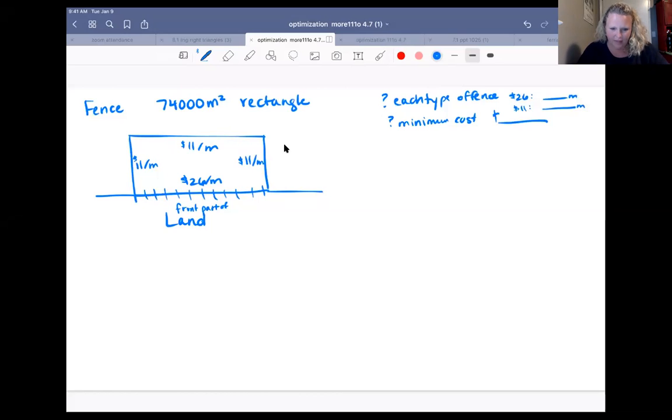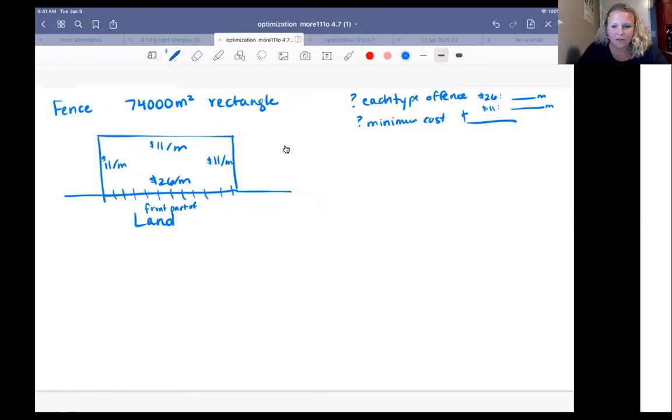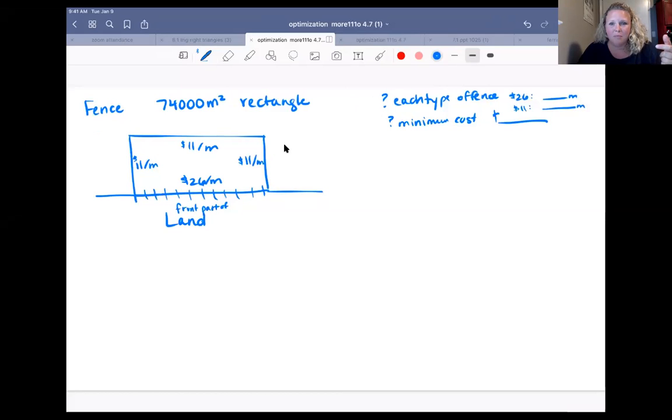I don't know if you can see the title of the questions when they show up, but this one is called minimizing the cost of a fence. So the thing to note here is that we're minimizing cost.